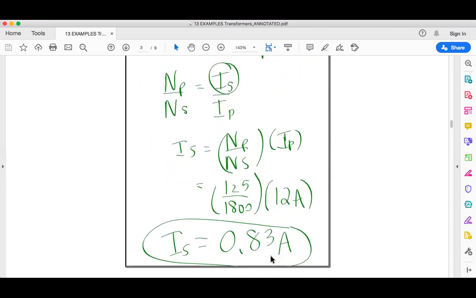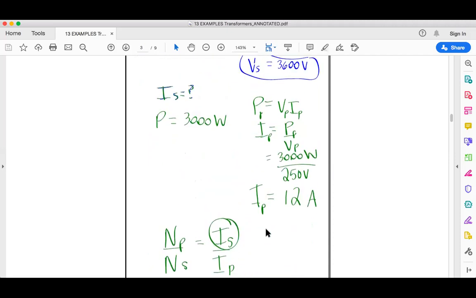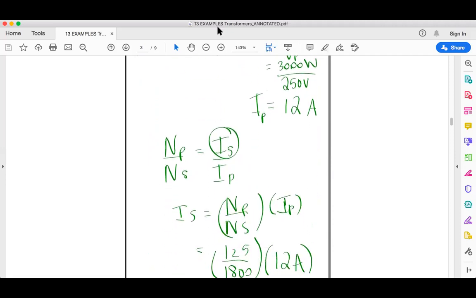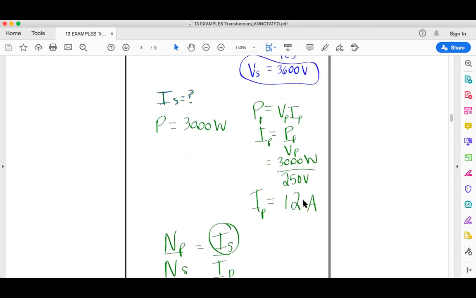Here's the other way to solve for it. We should get the same number. Okay, taking a look at this question, we get 12 amps for the primary current. You have to use power equals voltage times current to solve for the primary current, then what's being asked is the secondary current.